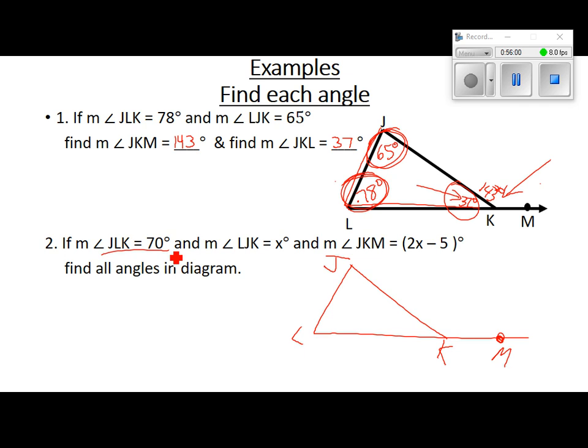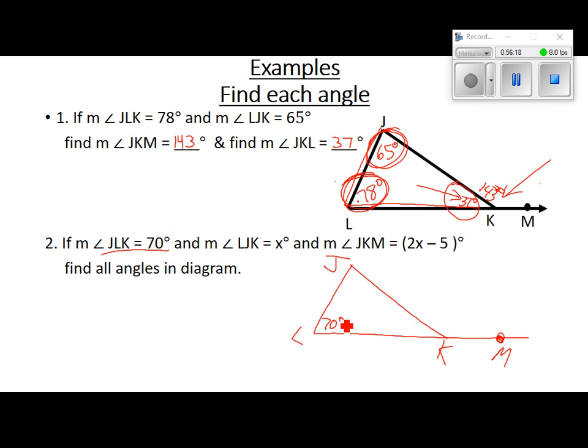Where's angle JLK at? At point L, right here, so write 70 in there.